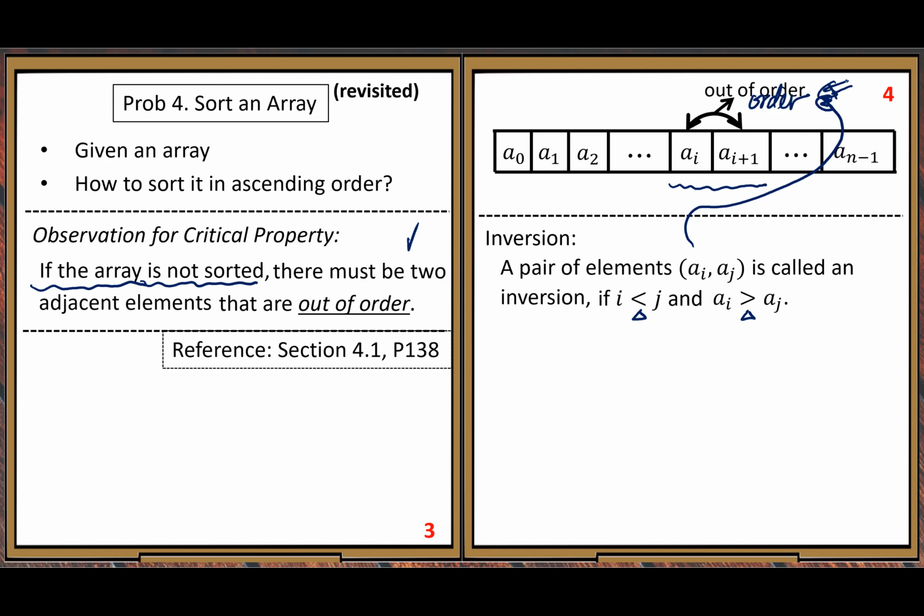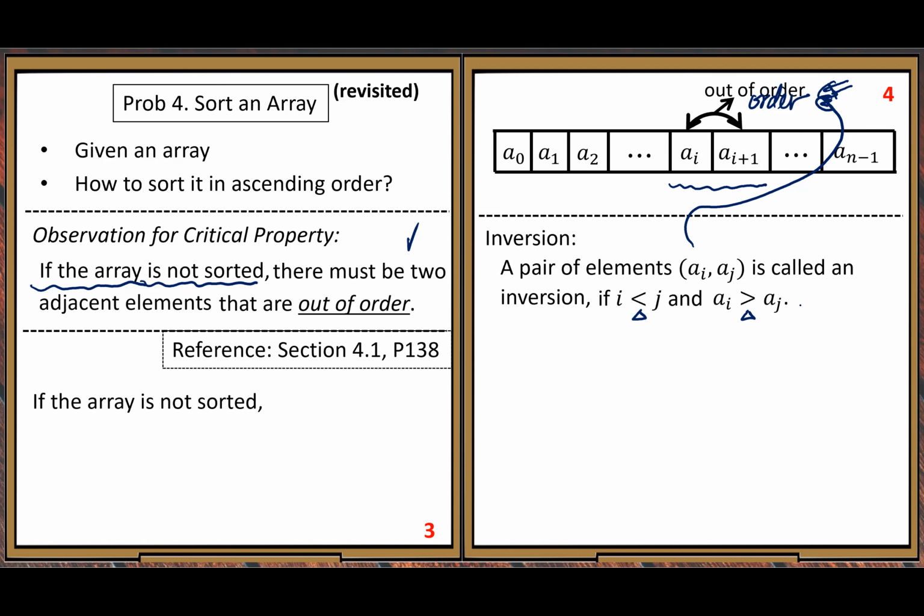So we use this inversion concept for the discussion. After that, let us change the wording in our discussion. Let us use the inversion concept in our discussion from now on.